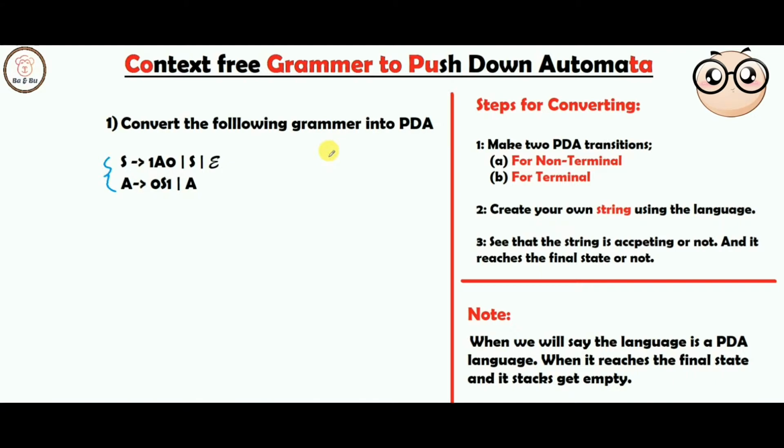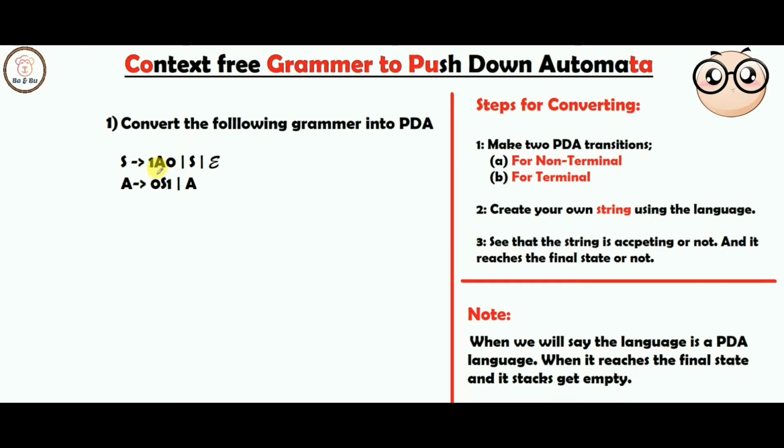Non-terminals are all the capital letters in the CFG, or you can call them variables. Terminals exclude the capital letters; small letters including epsilon, numbers and symbols are your terminals. We are going to make PDA transitions using these non-terminals and terminals. So let's begin.